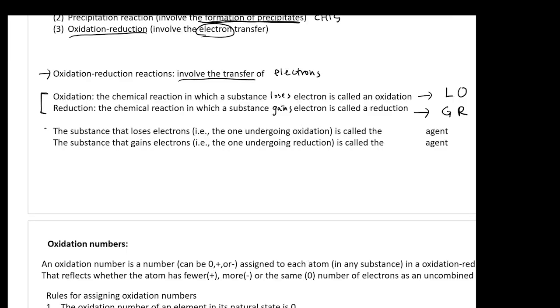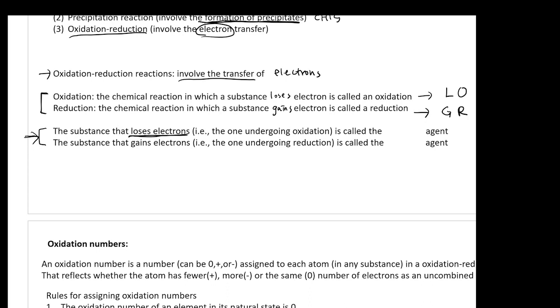Another thing that is going to be very confusing is that you are going to hear the terms oxidant or reductant, or oxidation reagent or reduction reagent. This is actually the opposite of the oxidation and the reduction. Okay, so we're going to talk about a very confusing term here. If you have a substance that lost electrons, that means it undergoes an oxidation reaction.